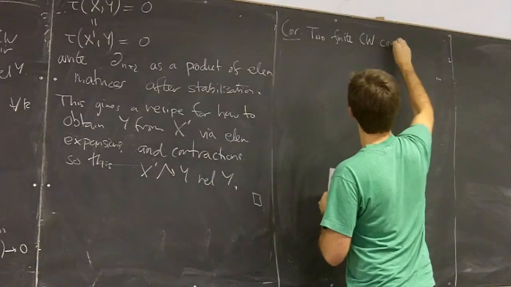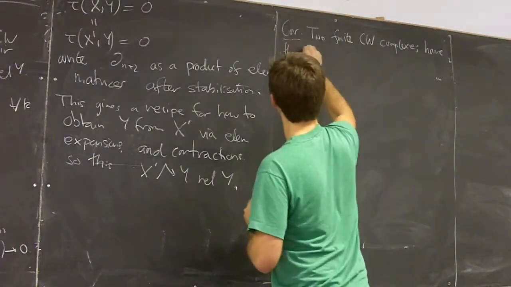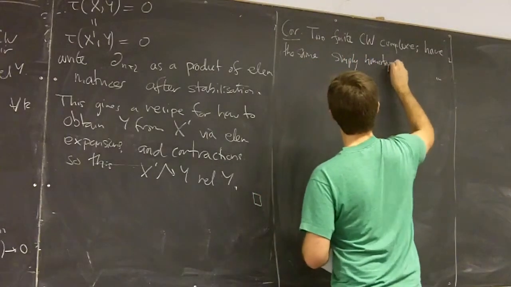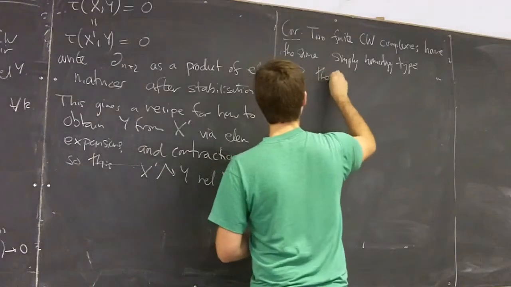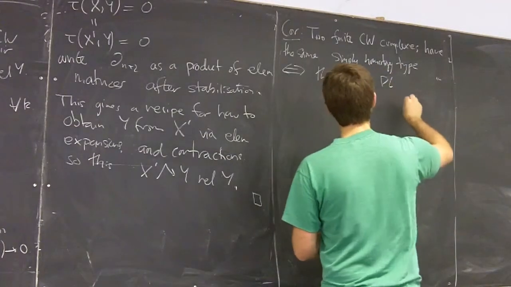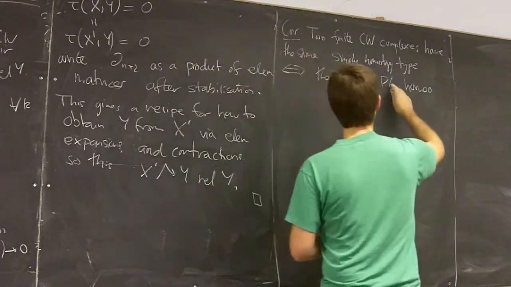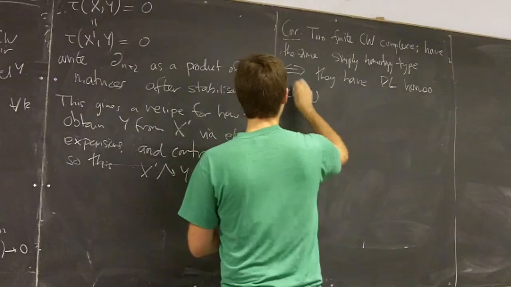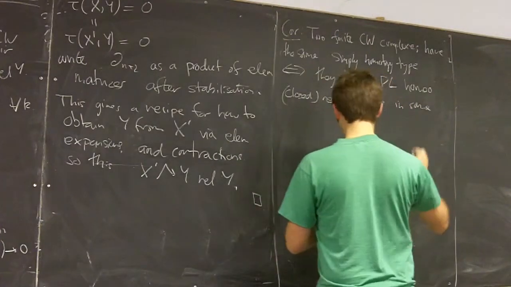Two finite CW complexes have the same simple homotopy type if and only if they have, well, I'm going to write PL for the time being, PL homeomorphic closed regular neighborhoods in some Euclidean space.